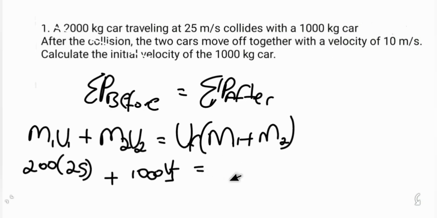It is the one that we need to look for in this problem. The final velocity for both objects is 10 meters per second, times mass one, 2000, plus, let me fix here, 2000 plus 1000.